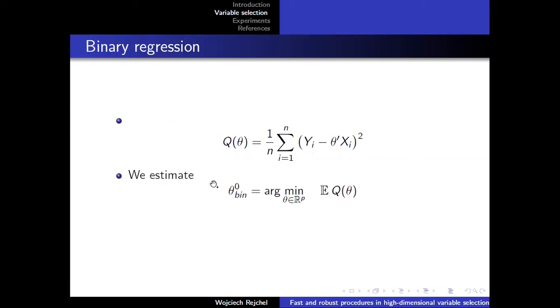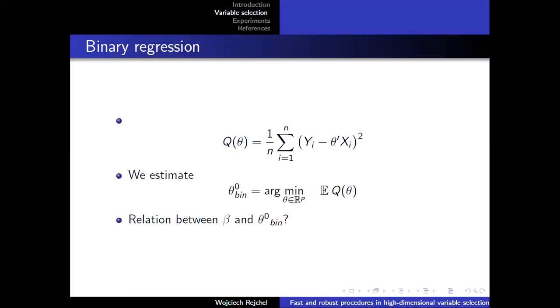So I think it's rather clear that the vector that we estimate, which I denote by theta 0, is the minimizer of the expectation of this risk. So the risk is random, but we take the expectation, so this vector is deterministic, and this is the vector that we estimate.